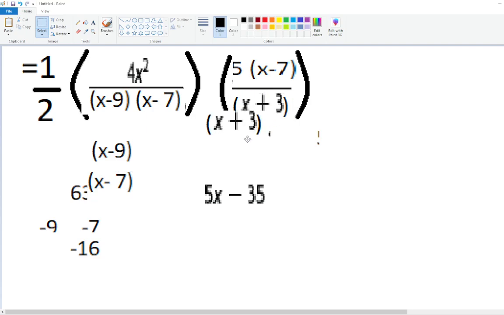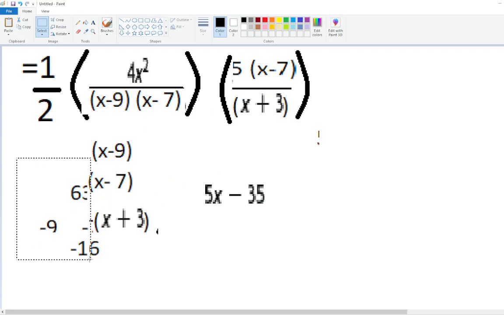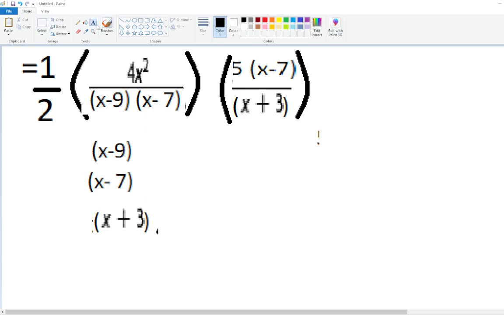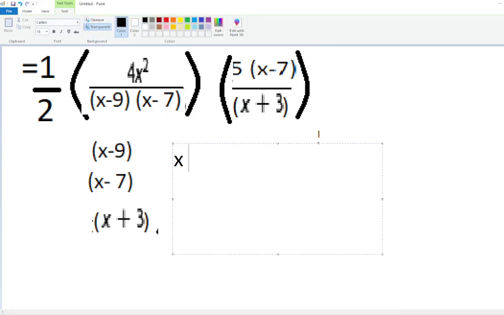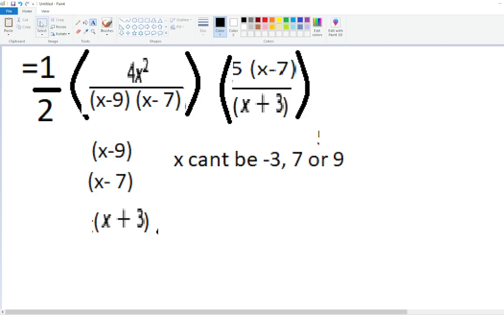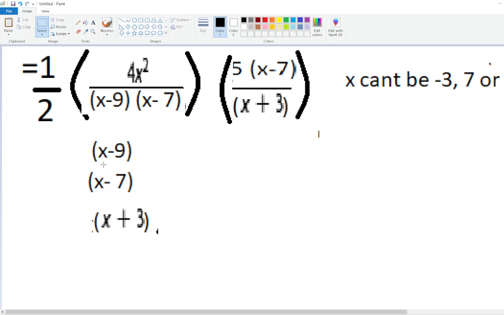It's not being divided. It's all being multiplied, so you don't have to worry about numerators and flipping. So these are all very simple opposites. What can't X be? X can't be minus 3, 7, or 9. There, that's my restrictions. So if X were one of those things, my triangle would not exist. So I can't use it.